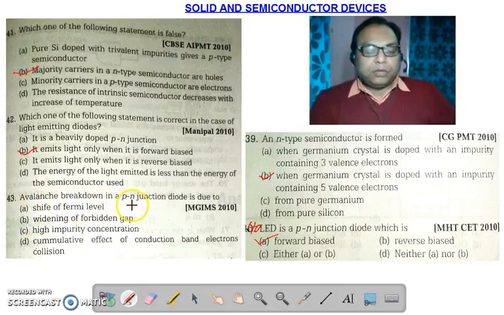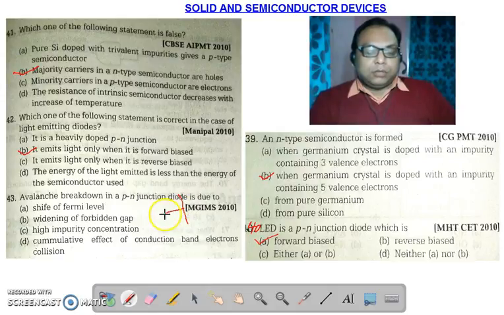Avalanche breakdown in a PN junction diode is due to, obviously, when we connect the diode in reverse bias.